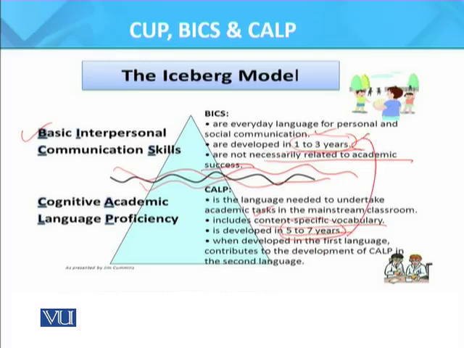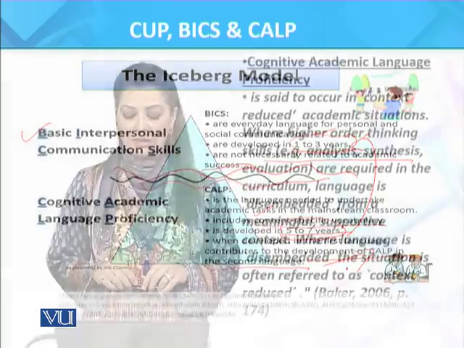When it is developed in the first language, it contributes to the development of cognitive academic language proficiency in the second language. So when this is developed in the first language, it facilitates second language acquisition also. The cognitive process of academic language is facilitated after it is mastered in the first language of a learner.